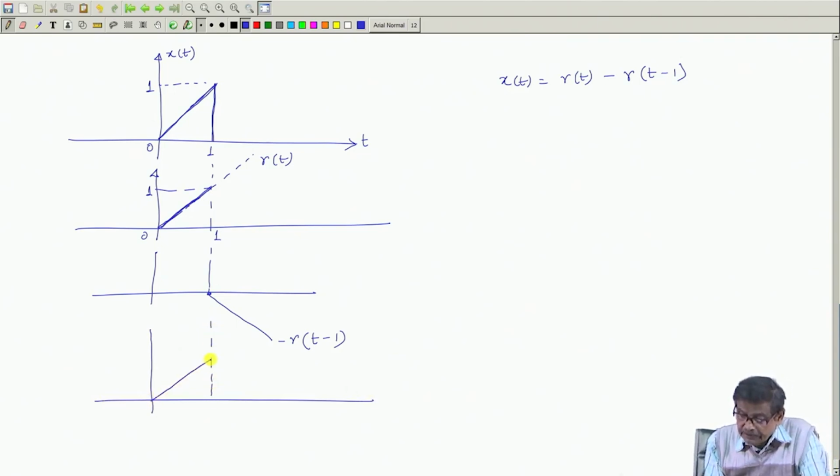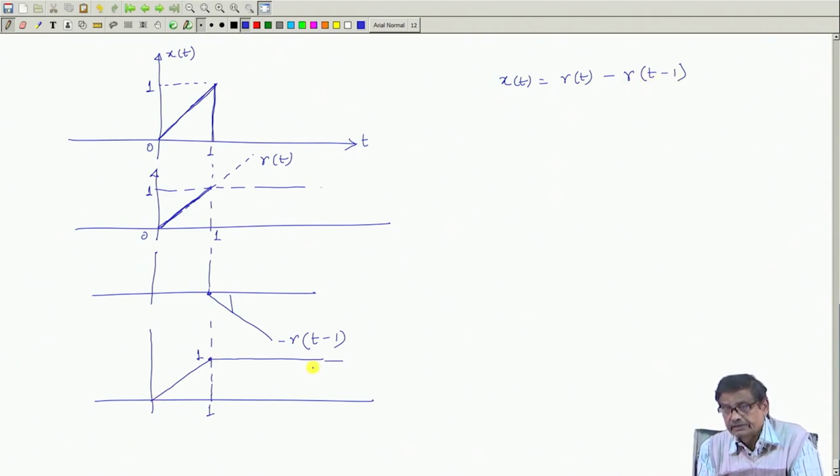It went up to the value 1 at t equal to 1 no doubt, but after that this increment will be offset by this negative increment and it will remain flat. Got the point? So, x(t) equal to r(t) minus r(t minus 1) will be a function like this, which continues, but once again this is not this function. That is our original function, I want to represent in terms of ramp, unit step function like that. So, that I have not yet achieved.